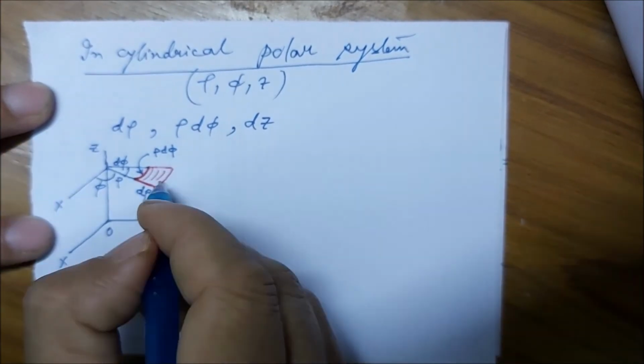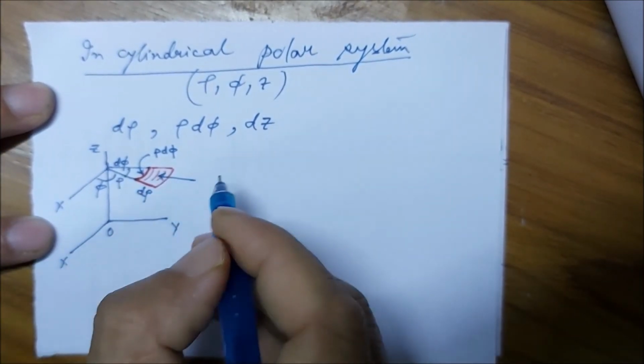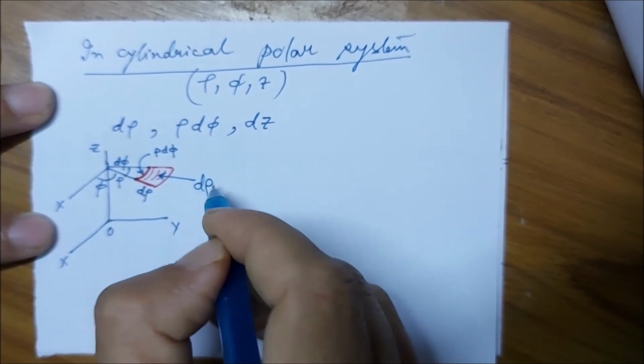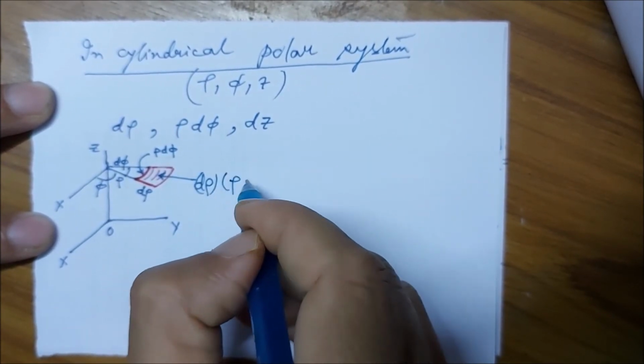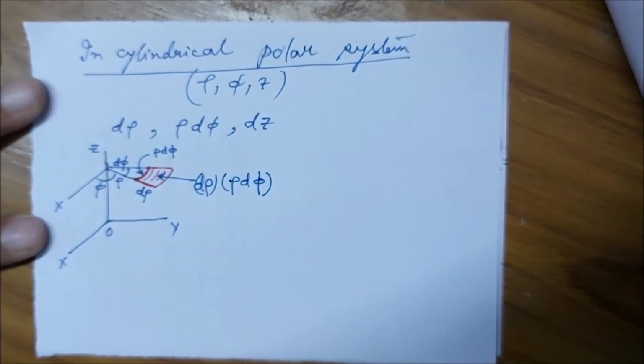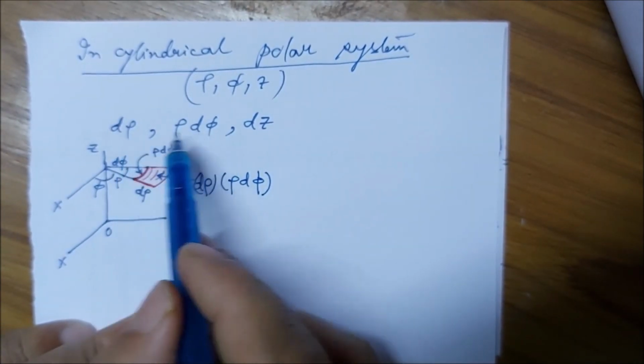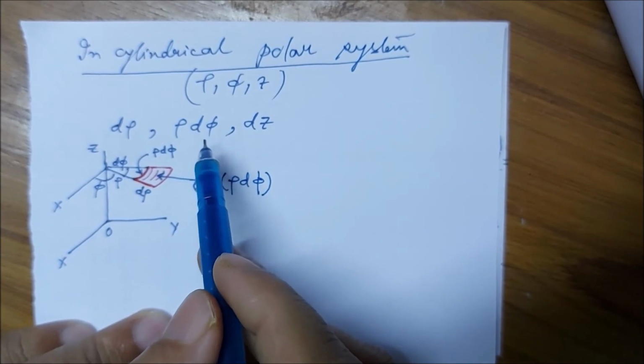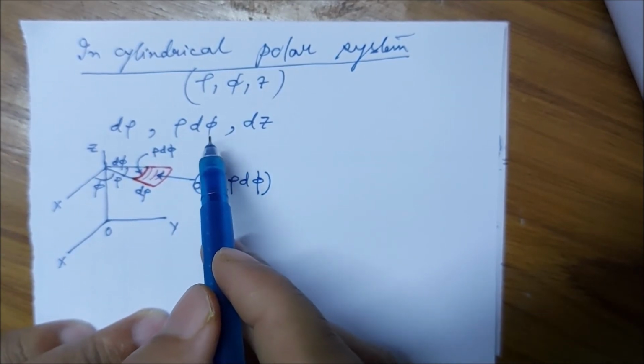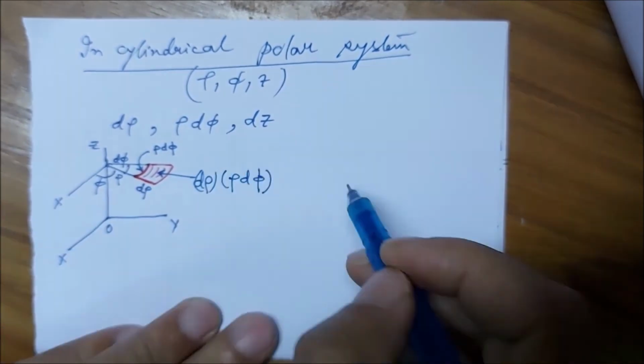So this is the area which we have constructed. It is d rho into rho d phi. That is product of these two length elements.